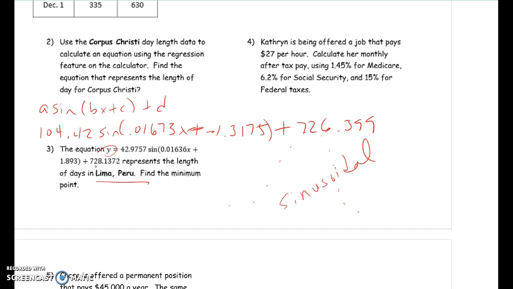So you just type it in, right? 42.9757 sine 0.01636 x plus 1.893 close parenthesis plus 728.9. Okay, so I typed all this in, and as far as a minimum point, I'm actually just going to look at the graph first.